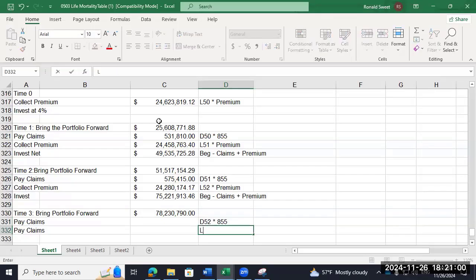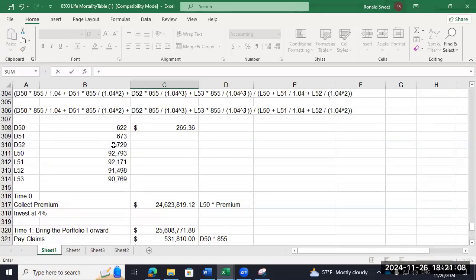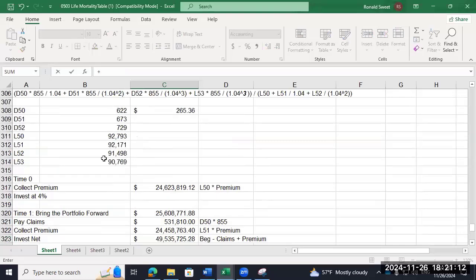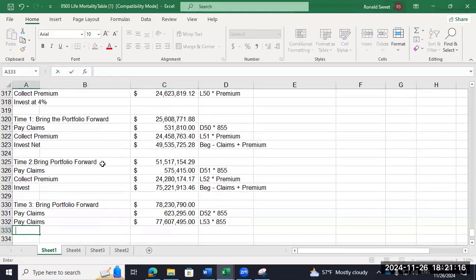And now we're also going to pay our livers, L53 times 855. So D52 times 855 and L53 times 855. Our net, and you want to put on the exam that it should be 0.